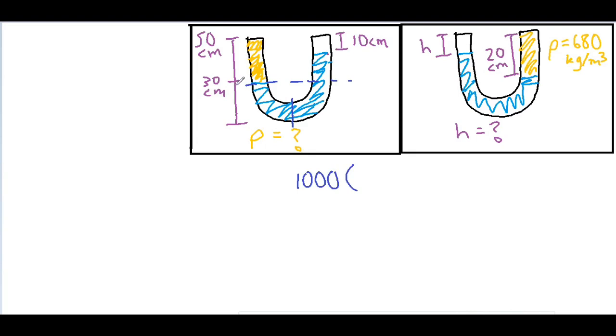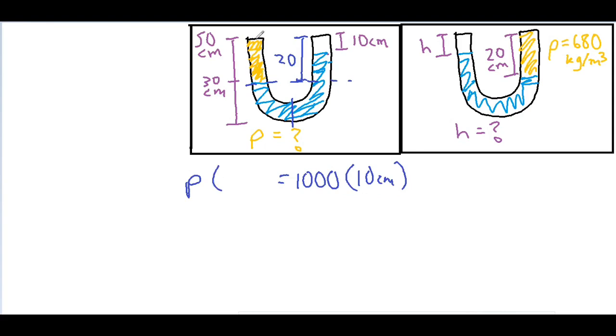So we have 30, and then up to the top, there's an additional 20 centimeters there. So this one has 20 centimeters from here to here total, which means that there's 10 centimeters of fluid here, because there's 10 centimeters of empty space at the top of the tube. So we have a height of 10 centimeters of water above this little reference line. For our unknown fluid, we have a density that's unknown, and again, that g is going to drop out.